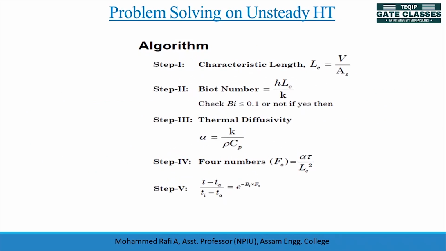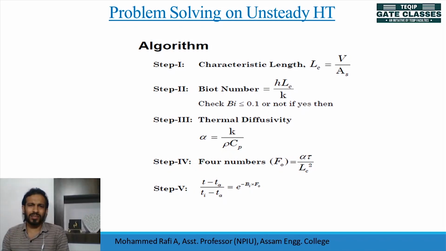unsteady heat transfer. Now, from your university exam point of view, if you come across any unsteady heat transfer problem, you have to follow this algorithm. First of all, you have to check the characteristic length. In the case of a cylinder or slab, we have already discussed how this can be calculated.